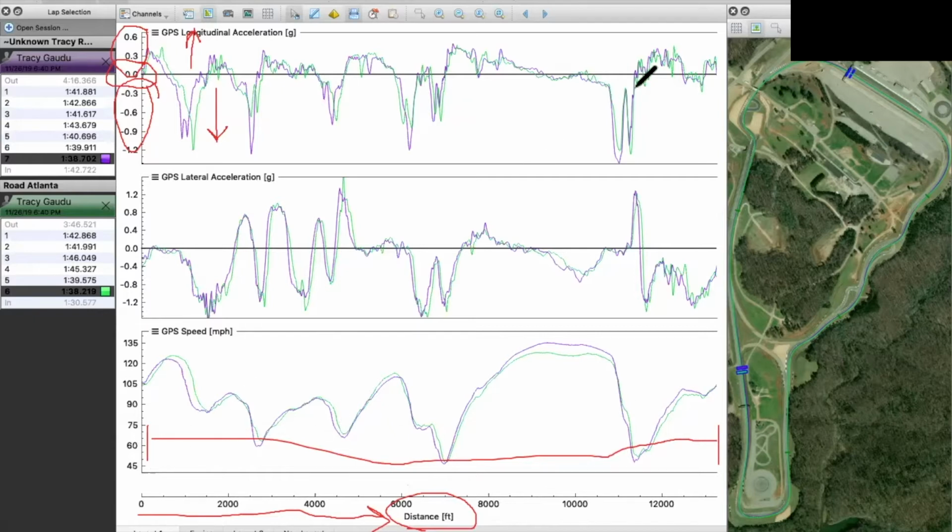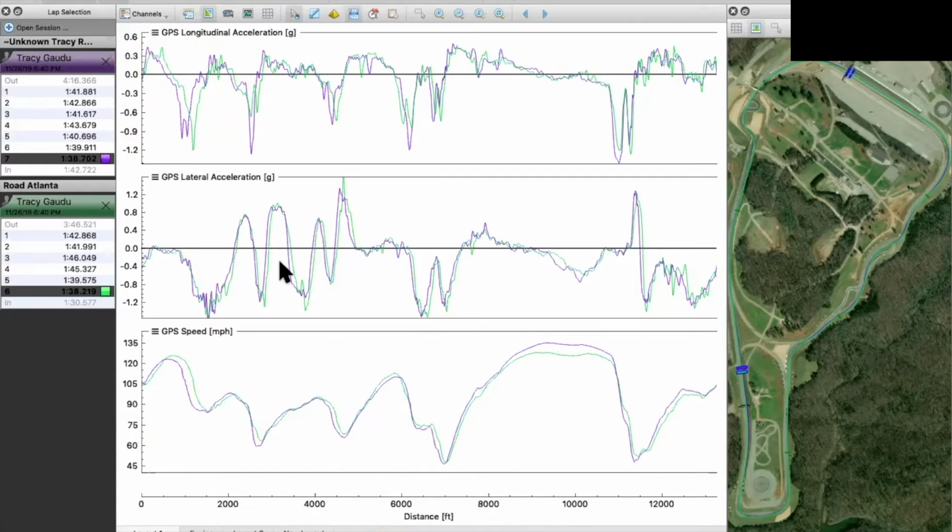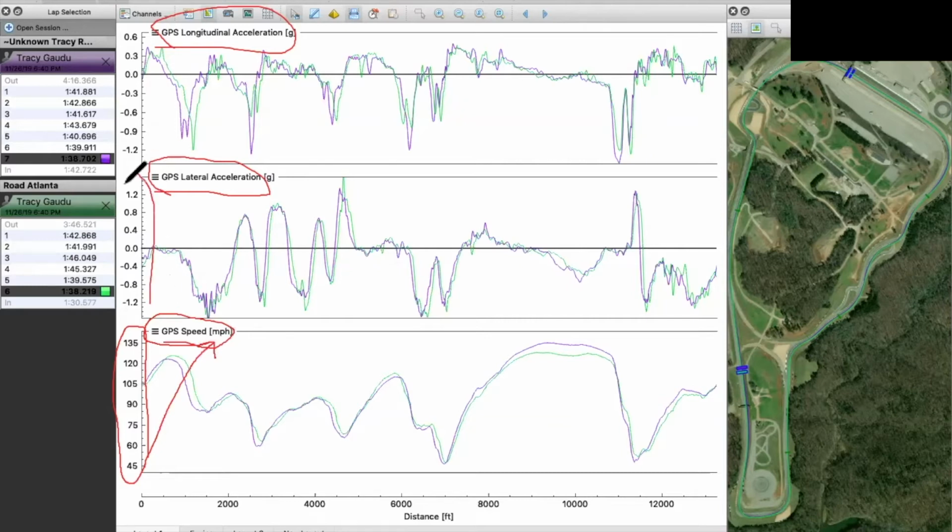We're also seeing that depending on what channel this is, and there are three channels represented right here, this y-axis has corresponding values. So all those are miles per hour, and all these are G's, and all these are G's.